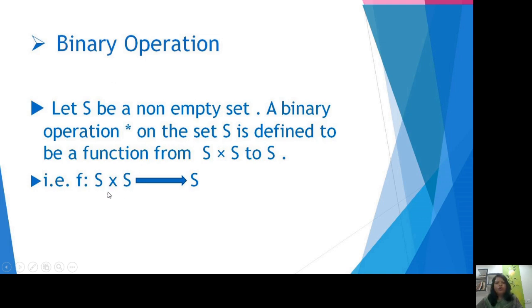Now, the domain of this function is nothing but the cross product of the set which we have taken.